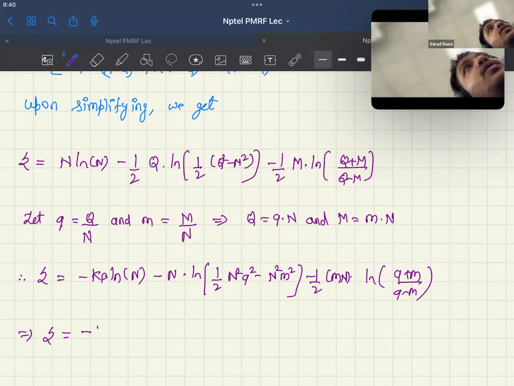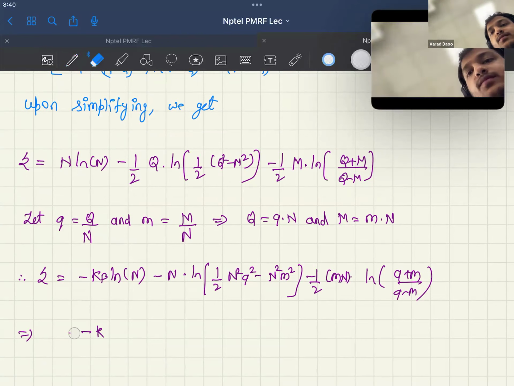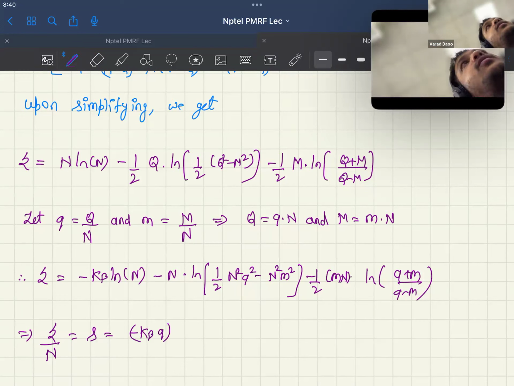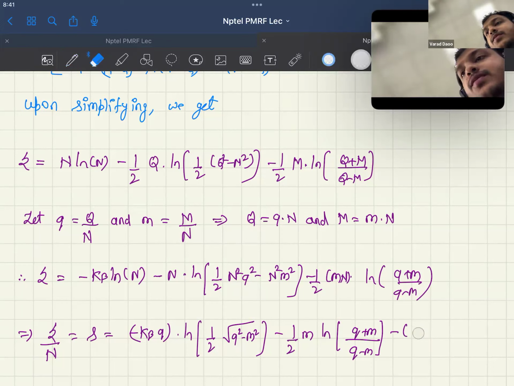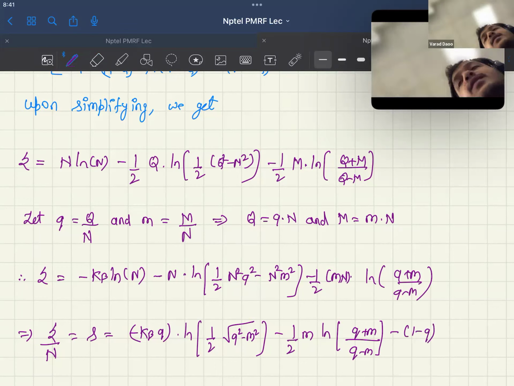Eventually, it becomes S by N, which is nothing but small s, is equal to minus kB q into ln of half of square root of q squared minus m squared minus half of m ln of q plus m by q minus m minus of 1 minus q into ln of 1 minus q. This is the final expression.